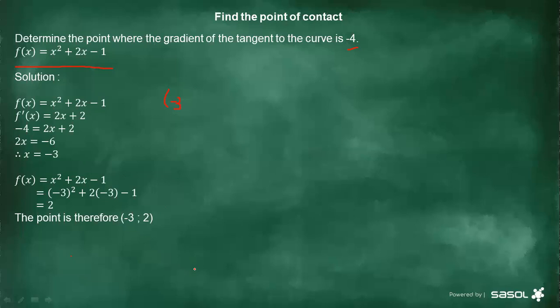Remember, to get the equation of a tangent, we need a point and a gradient. We were learning how to determine a point first, because already we have a gradient. If a question comes to you and says determine the equation of a tangent, it's going to be easy for you because we already have a gradient and a point. So we have learned how to determine a point.